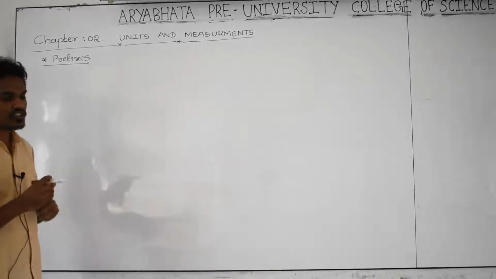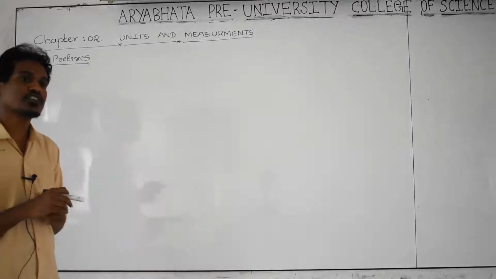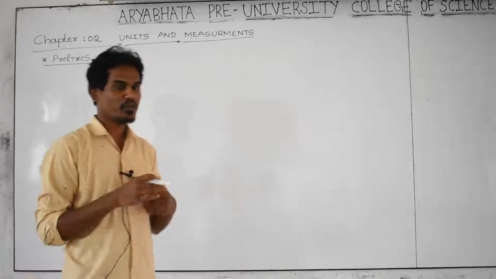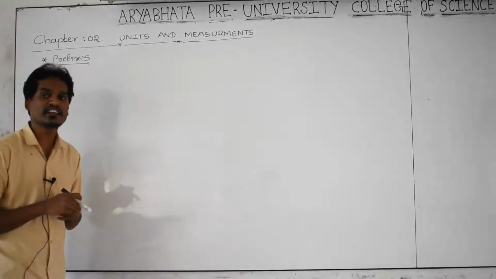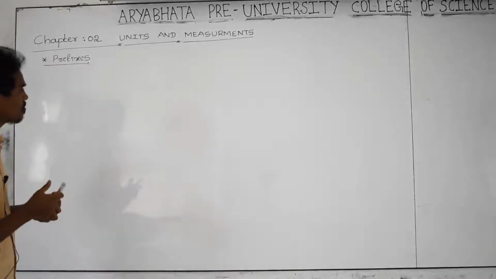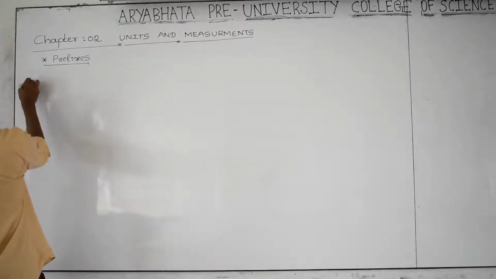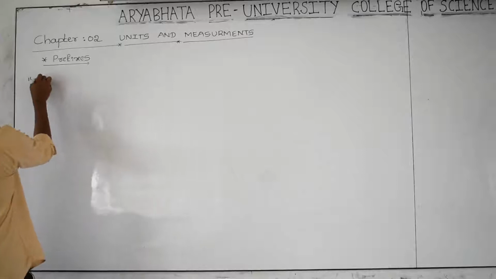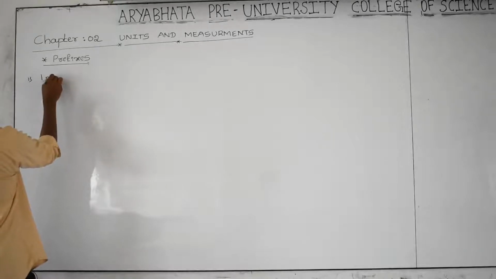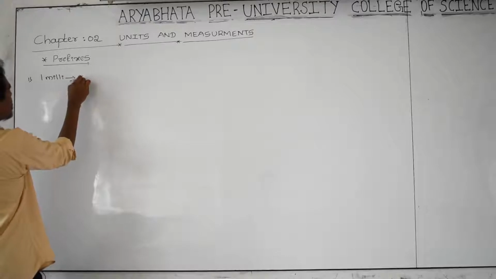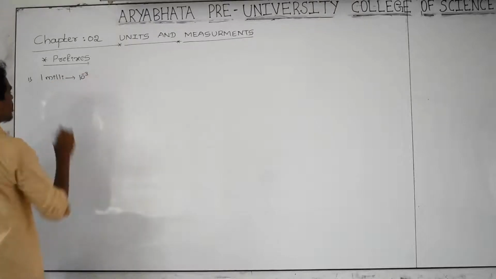Before discussing the units used for the measurement of distance, we use some prefixes for convenience. Which are those? First, 1 milli. In scientific notation we write it as 10 to the power of minus 3.